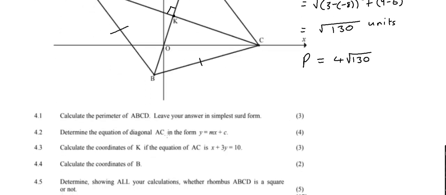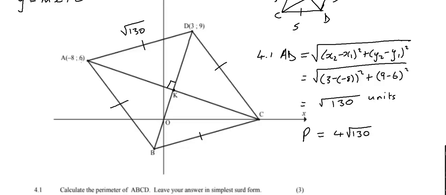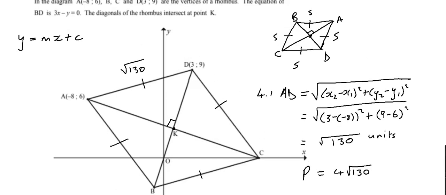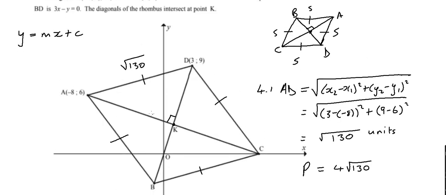Now they want us to determine the equation of diagonal AC. AC is this line here. To find the equation, we must find its gradient and the y-intercept.